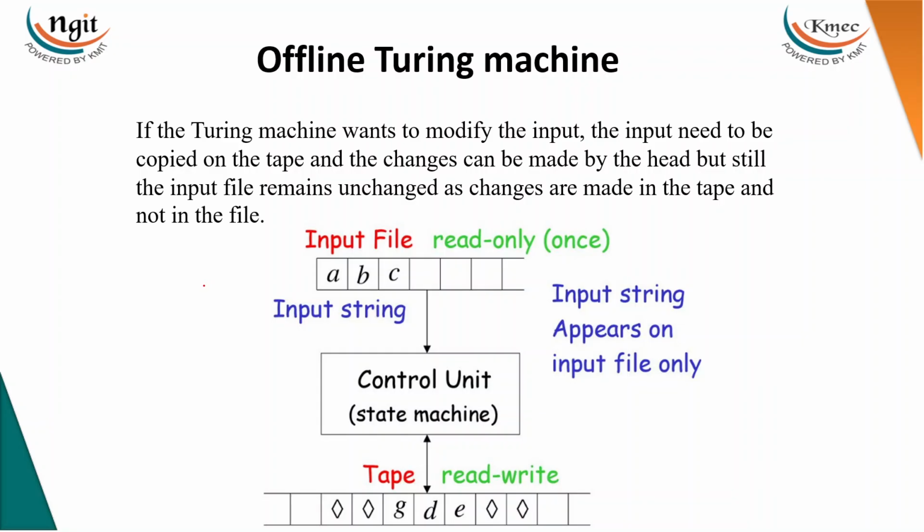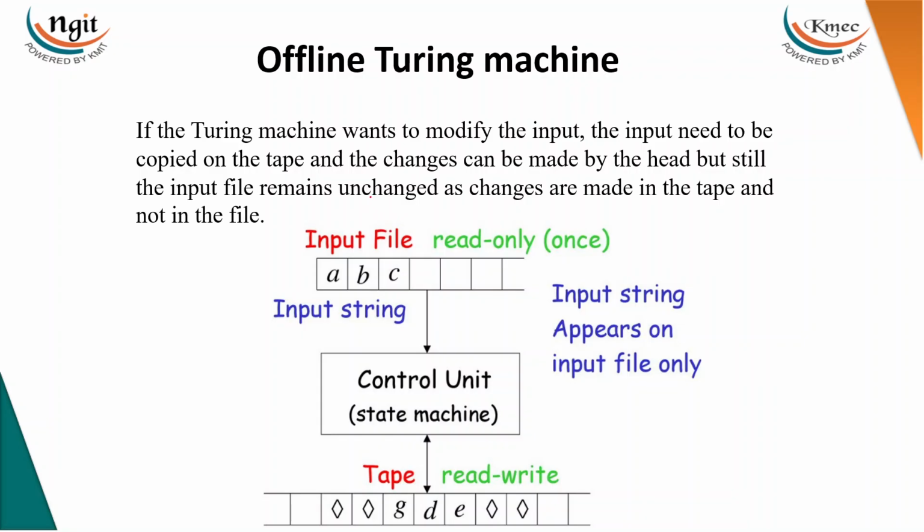See, sometimes you want the modifications you have done to remain unchanged, even when we are not using the Turing machine. But the input file still remains unchanged, as changes are made in the tape and not in the file. If you want to keep them unchanged, then you can use the offline Turing machine.